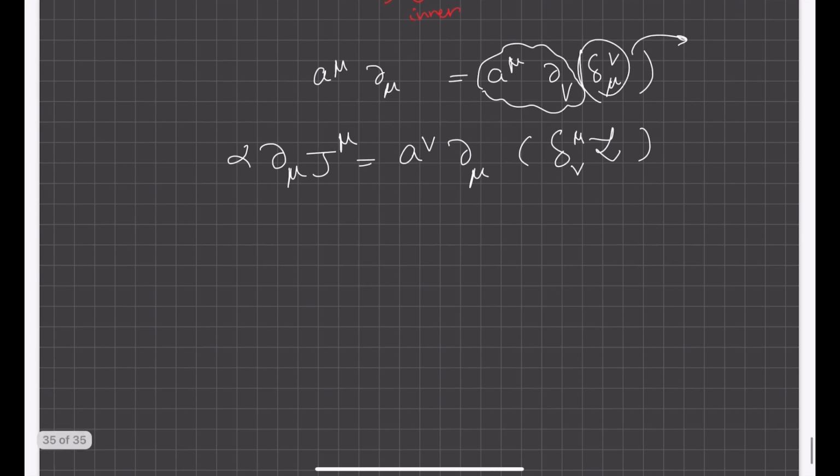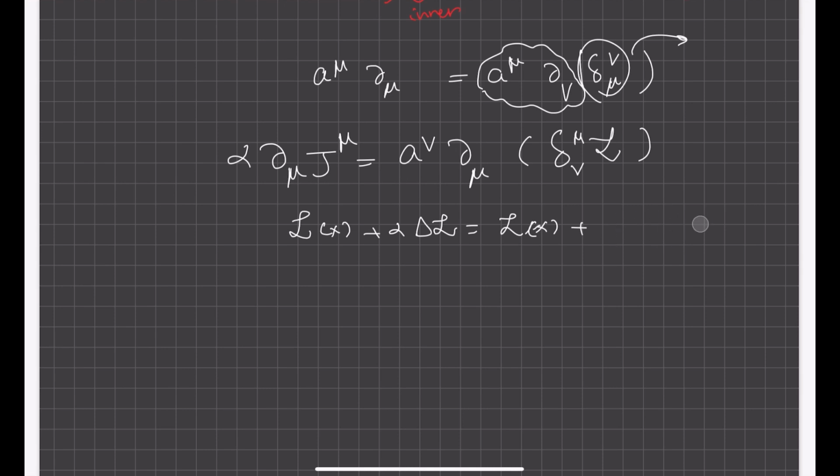So for the case of Lagrangian, let's say alpha delta L can be written as L(x), or Lagrangian at point x, plus a nu, the mu's derivative, then delta mu nu.